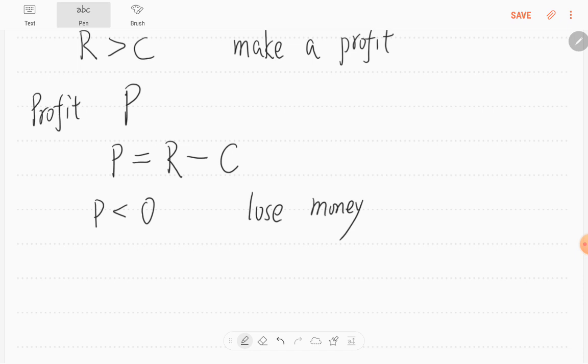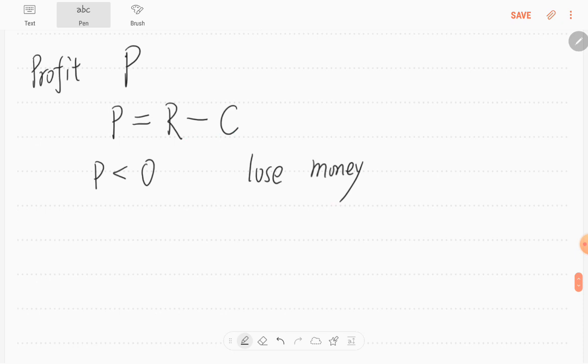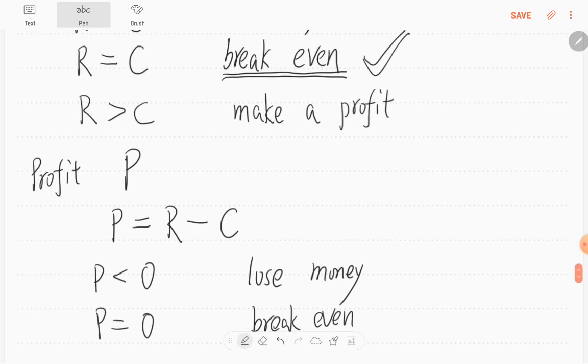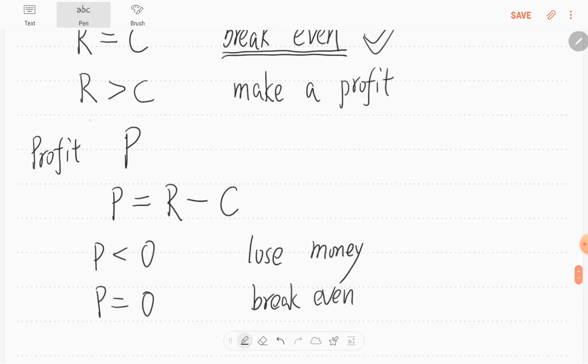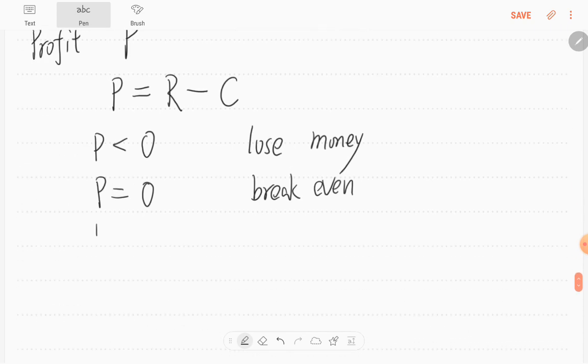If R is equal to C, that means break even. If R is greater than C, then P is positive, so the company will make a profit.